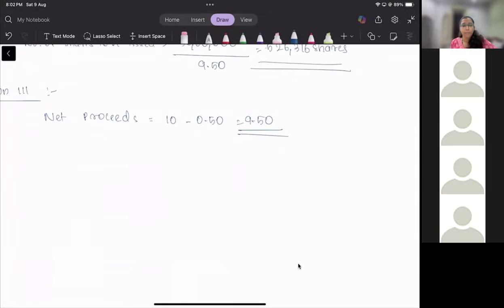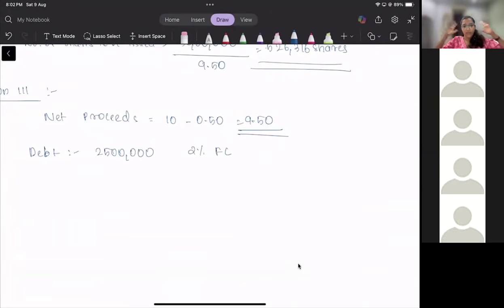So, tell me, when you read the question, did you have any idea on how to compute this? Equity, it's clear, right? Now, coming to debt, they have to raise 25 lakh, but there is a 2% flotation cost.